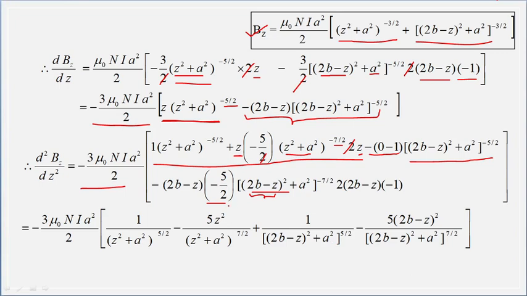Then here also, this 2 cancels, then this minus 5 (2b minus z), that remains in the numerator, and this part minus 7 by 2 comes down as plus 7 by 2. So you get this second derivative of Bz.